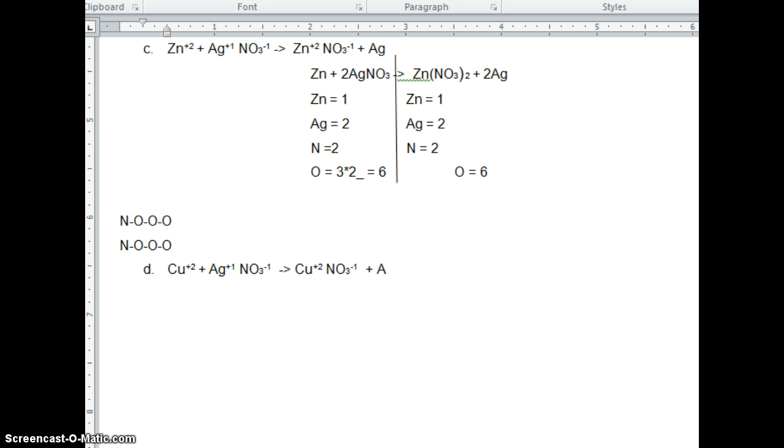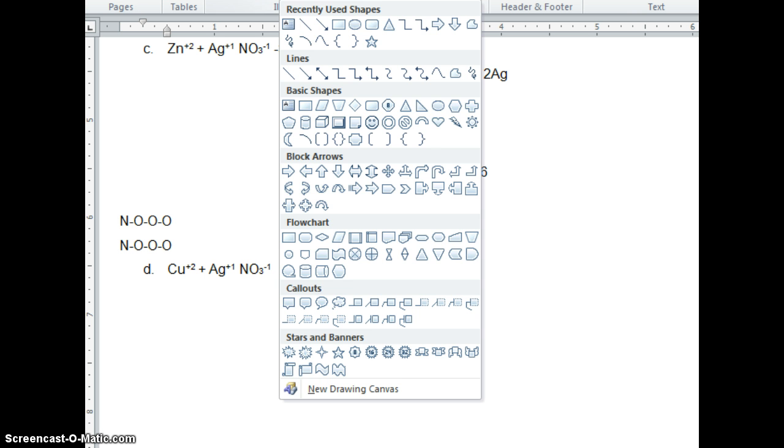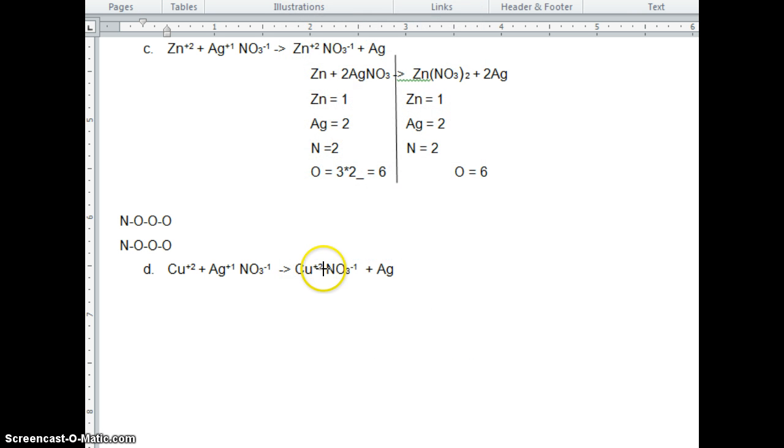And then plus Ag. So what's this formula going to be? So remember, we take this number and put it down there. And then we take this charge and we put it down there, except we always keep them positive. We always keep them positive because on the bottom it tells how many there are instead of the charge.